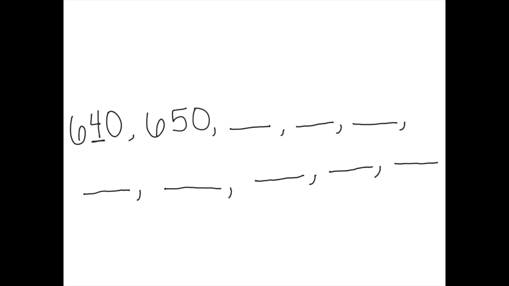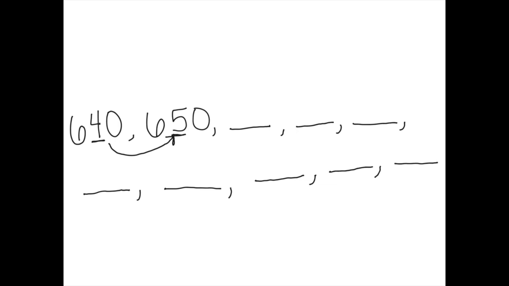When I add 10 more, that 4 changes to what number? A 5. So when I'm adding 10 to a number, the digit in my tens place will go up by 1. Any other digits will stay the same.